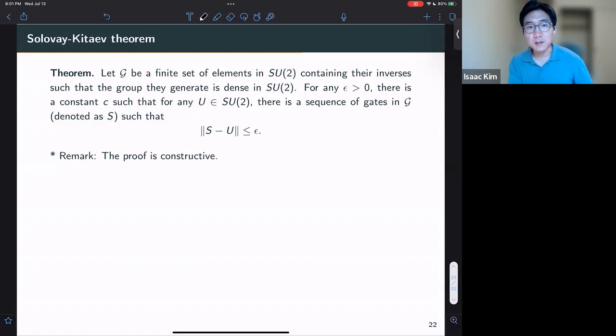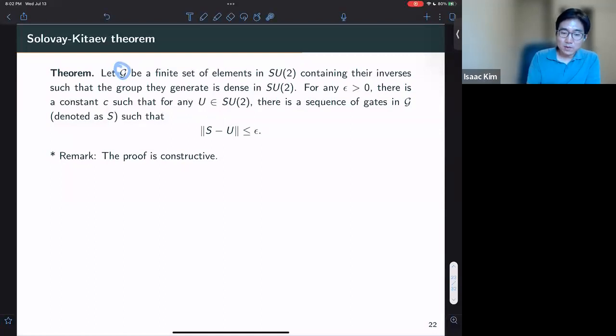If somebody gives me an arbitrary 4x4 unitary matrix, how can I decompose that matrix into a sequence of gates in G? For example, say I have 2-qubit Clifford plus T, and I want to approximate any element in SU(4) with some error, let's say epsilon is 10 to the minus 3. How would I actually do that?